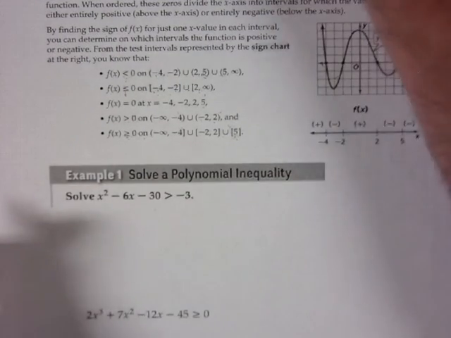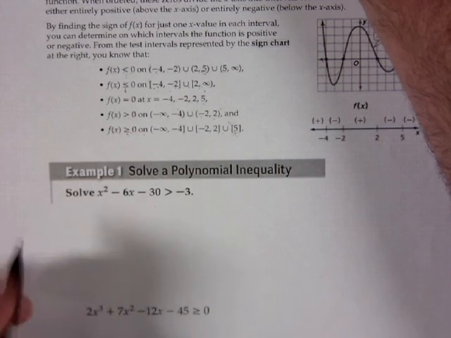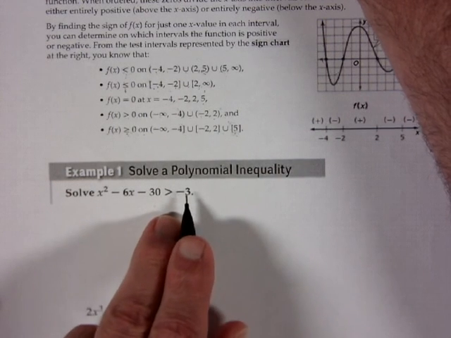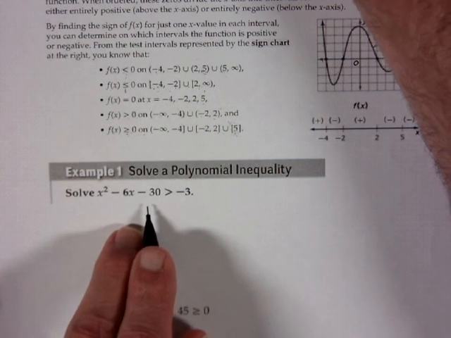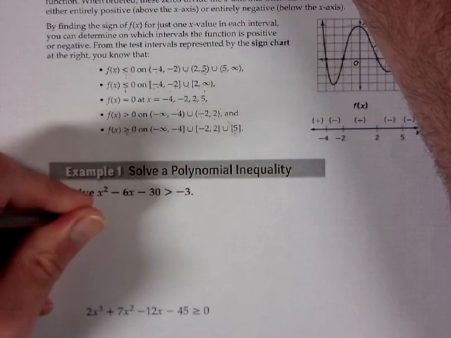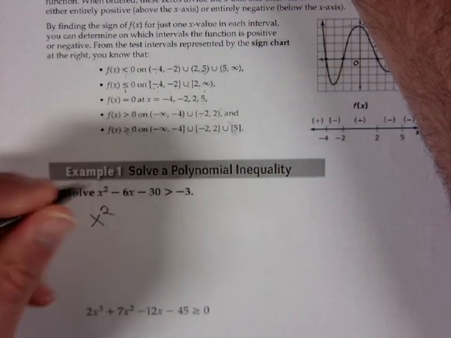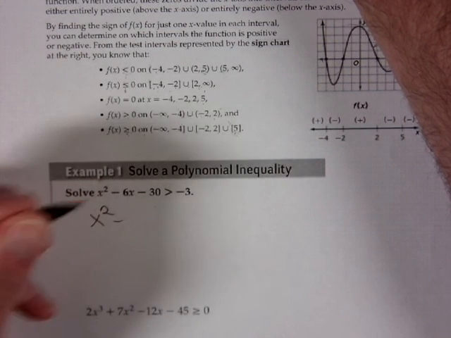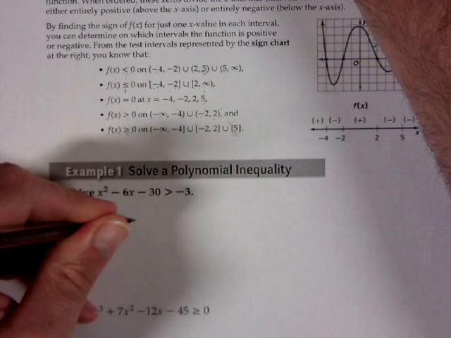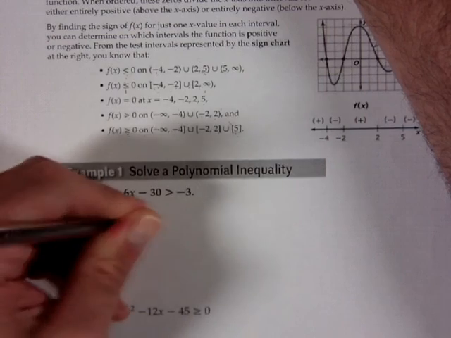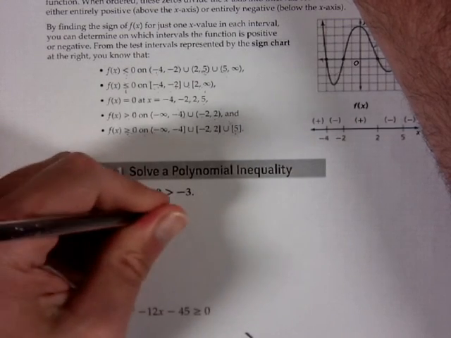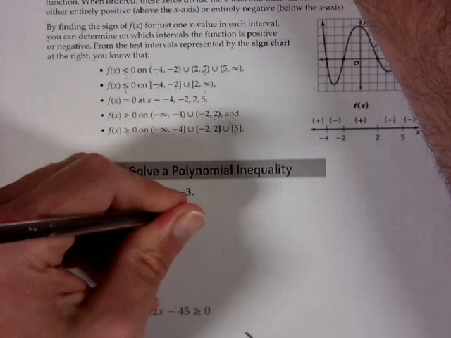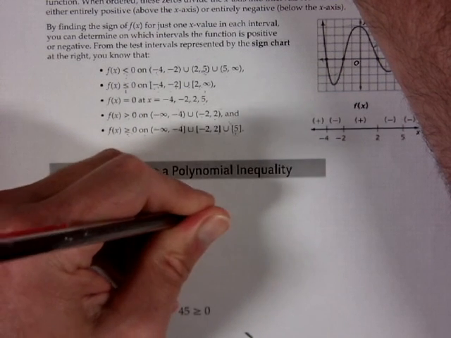All right, so when you want to solve these things, the first thing that you want to do is set one side to 0. So I'm going to move the -3 over to the other side. So when I do that, it will be x squared minus 6x minus 27 is greater than 0.